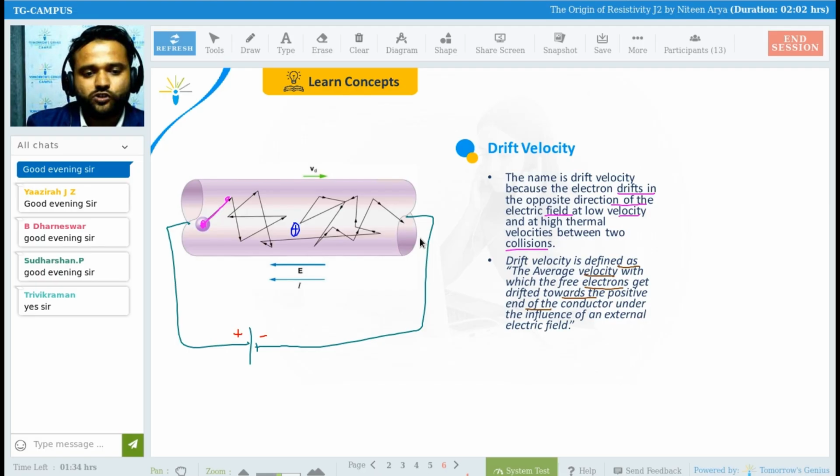But in the absence of an electric field also, due to collisions and thermal agitation or thermal velocity, we have a little bit of drift velocity. Properly, though, the average velocity with which free electrons get drifted is defined as the drift velocity due to the presence of an external electric field. Clear, everyone? Is this clear, beta?